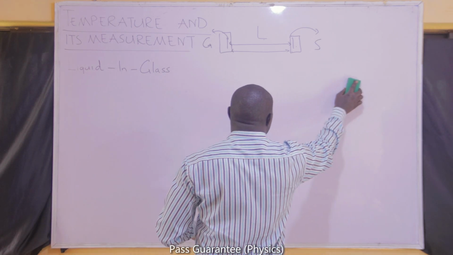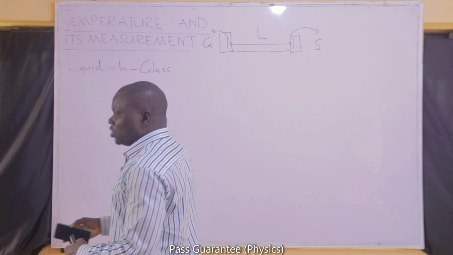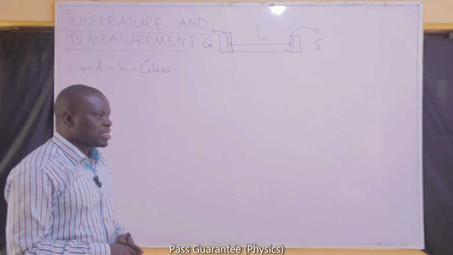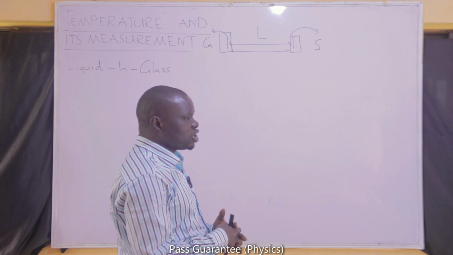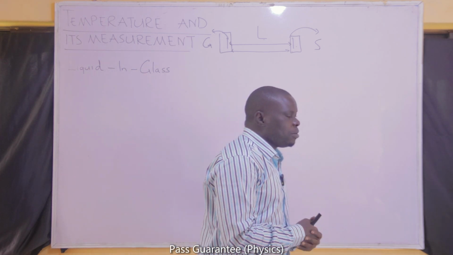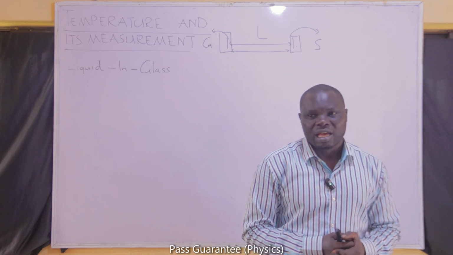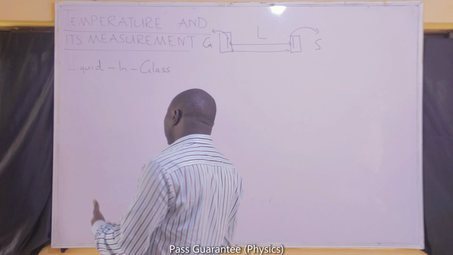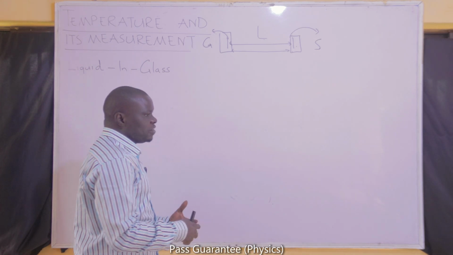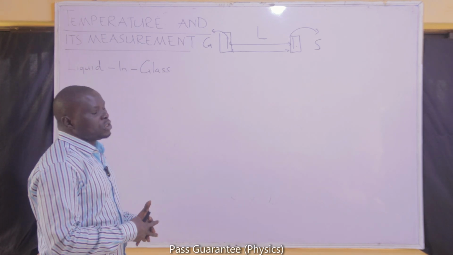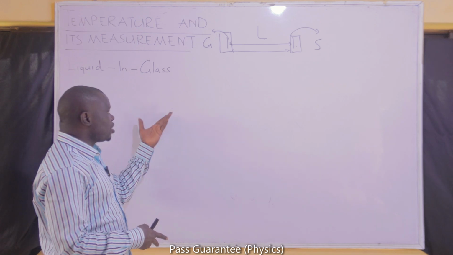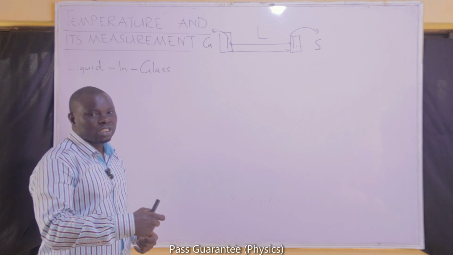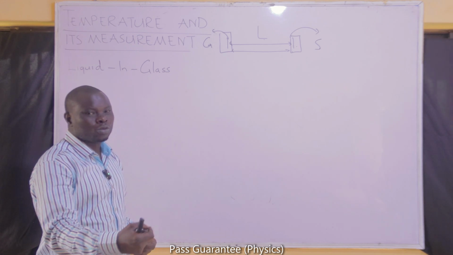So in addition to what I said earlier about the properties of a thermometer, I said a thermometer has two properties: the responsiveness of a thermometer, and the sensitivity of a thermometer. Responsiveness has to do with the need of the thermometer to measure the temperature of the surroundings very quickly. If I want to design a thermometer with either mercury or alcohol that will have a great responsiveness, that will measure the temperature of my surroundings quickly, then I must use mercury.